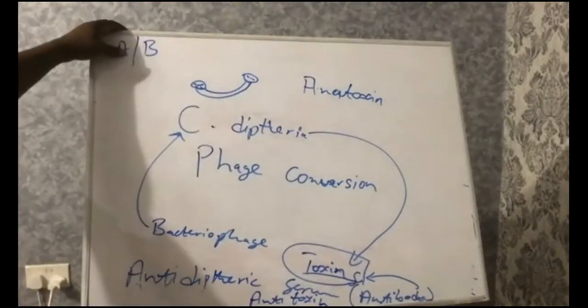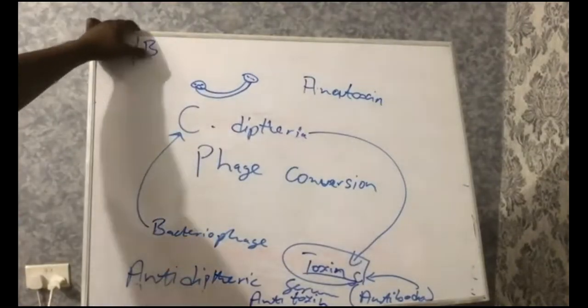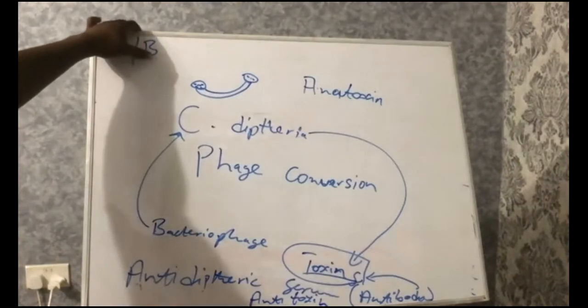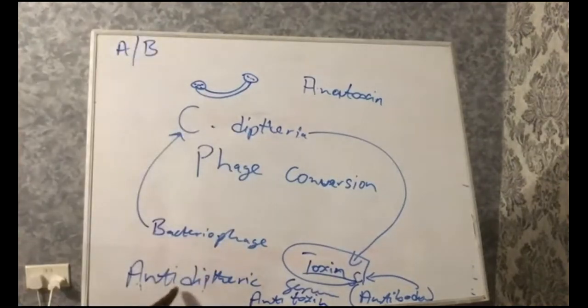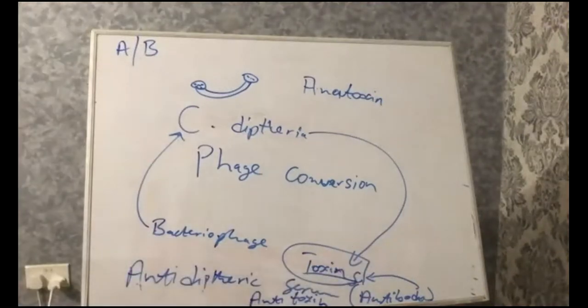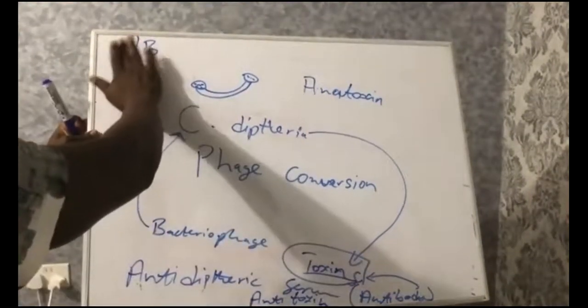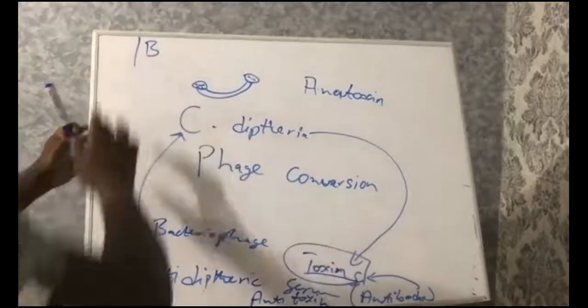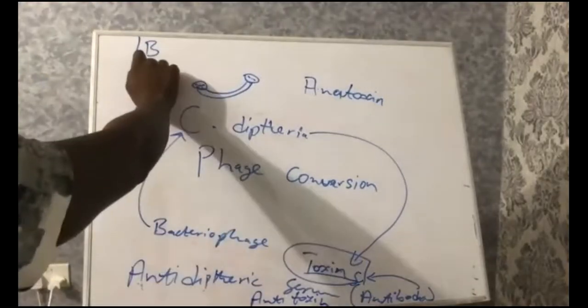The active part is what causes the disease. But the B part here is the one that can stimulate the immune system to produce antibodies. So normally they will take the diphtheria toxin, and then they will destroy the active part which can cause the disease and leave the B part.